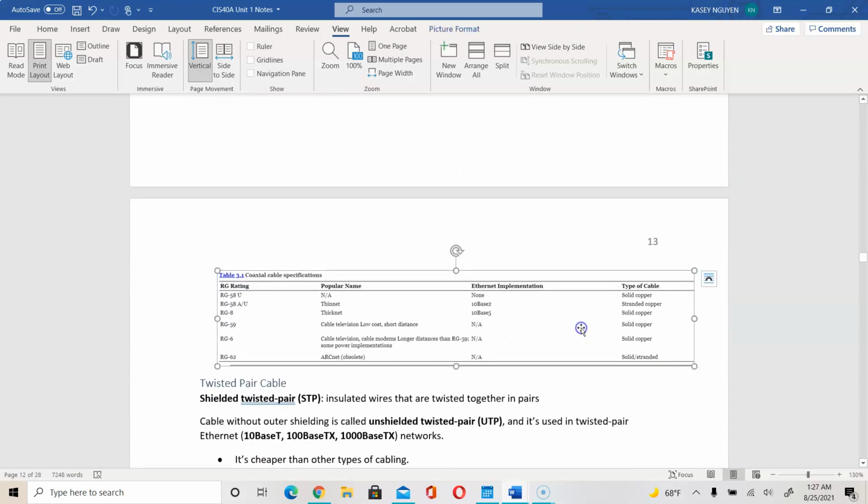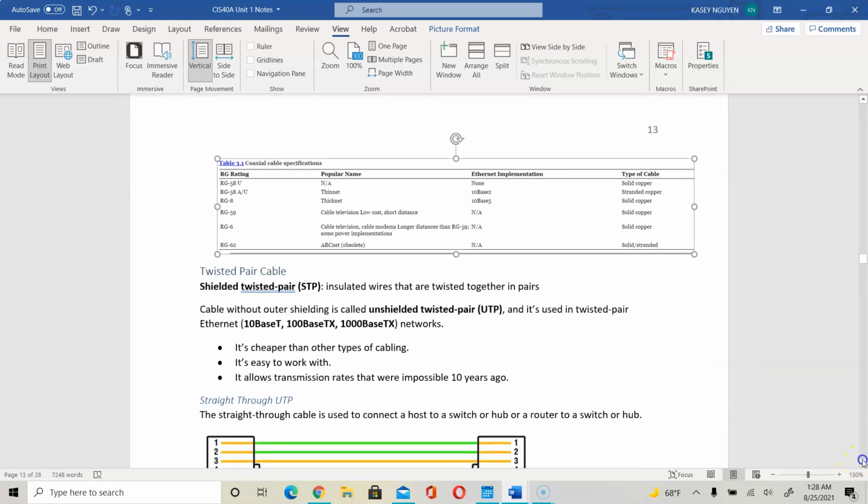So this chart gives you the rating for the RG, which pertains to the connector, and also different ones will be used for the type of coaxial. And the type of cable is usually copper, because copper is the cheapest to implement.